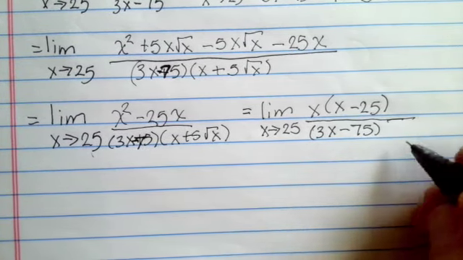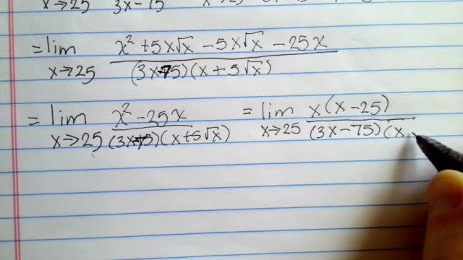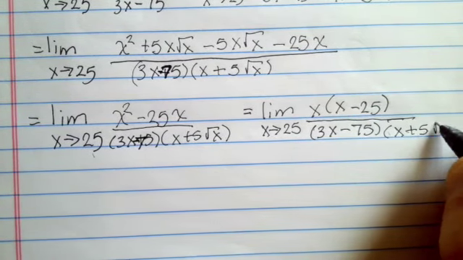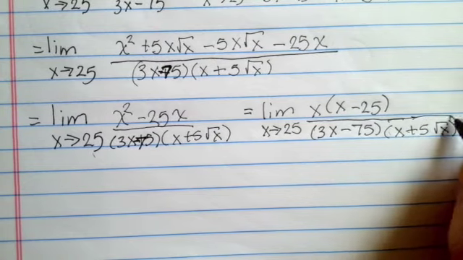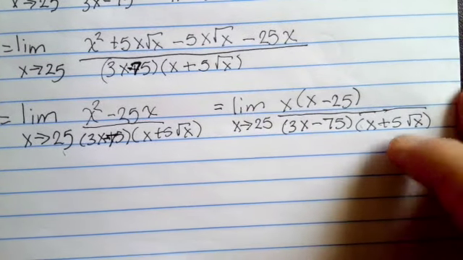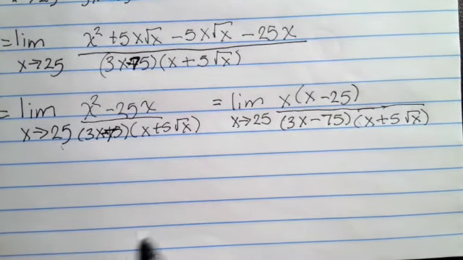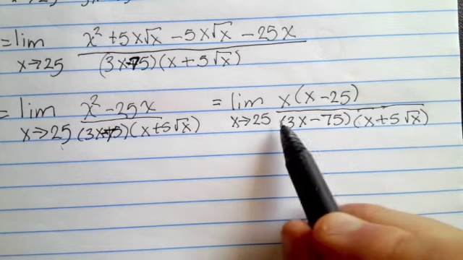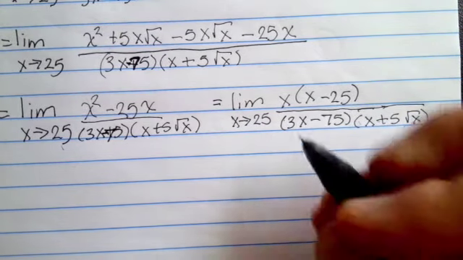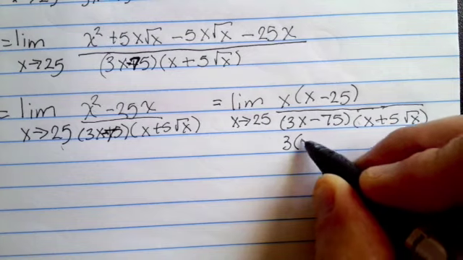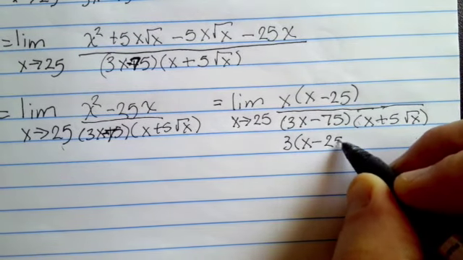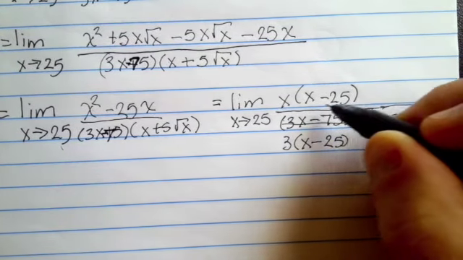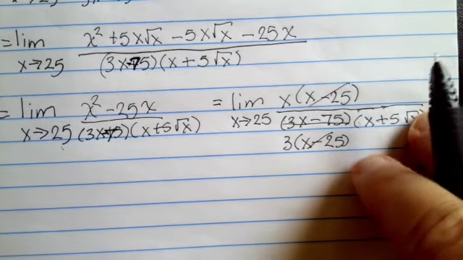And it was the fact that I had this copied down incorrectly. Well, now if you'll notice, you've got a common factor of 3 here that we can take out. Those go away.